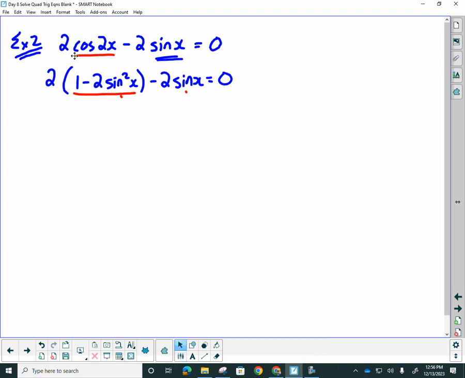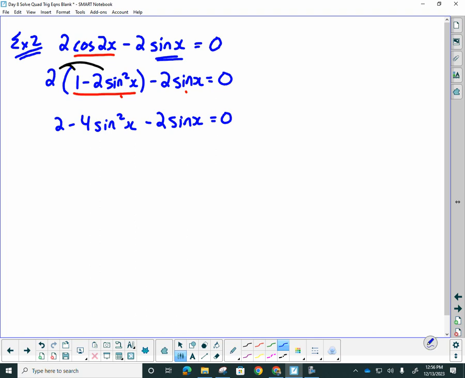This first part is being multiplied by 2, so I'm going to rainbow the 2. That's going to be 2 minus 4 sin squared x minus 2 sin x. Starting to look more like a quadratic trig equation, but for quadratics we usually like to have the x squared first. So I'm going to put the negative 4 sin squared x first, then the x one, which is just negative 2 sin x, and then I'll just have this plus 2 at the end, just changing the order.